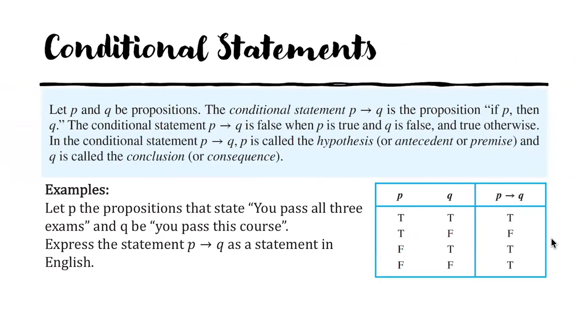So for example, if I let P be you pass all three exams, and Q be you pass this course, what would the statement P implies Q look like?